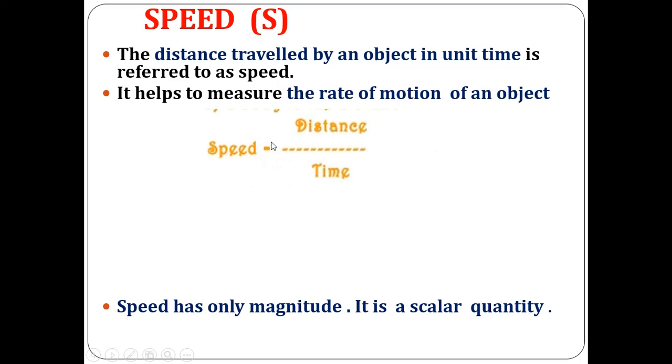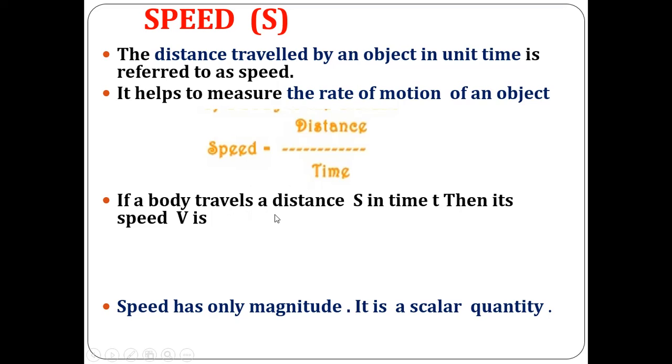Now, what is the formula for speed? Speed is equal to the total distance travelled by an object divided by time. If a body travels a distance s, we have learned this in 8th standard, are you remembering?